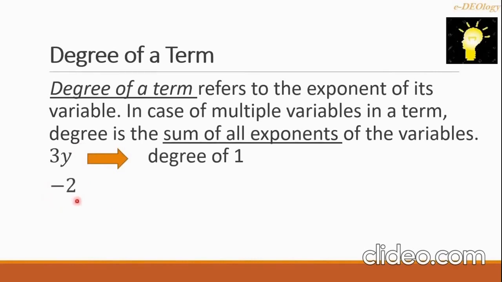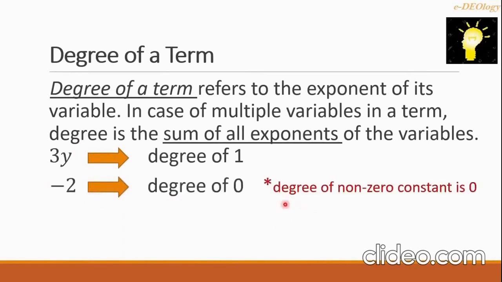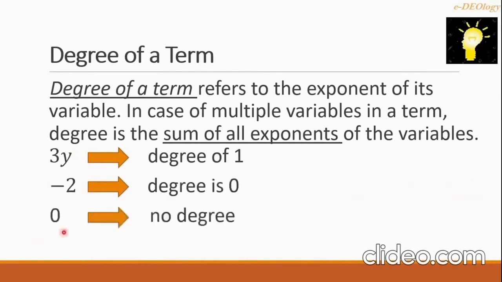A constant of negative 2, the degree is 0. As a rule, the degree of non-zero constant is 0. Now what about 0? There is no degree for the number 0.